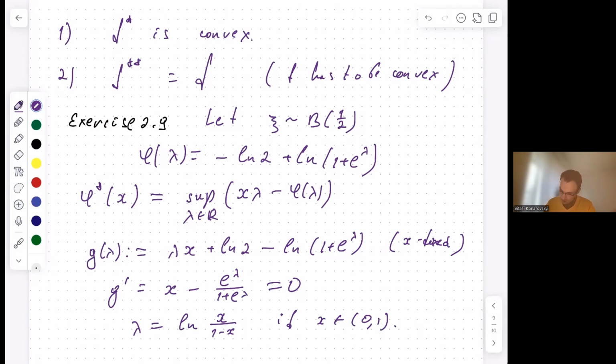And you can check that this point is a local maximum. You just need to see how the derivative changes its sign. And also using the convexity, it must be a global maximum.